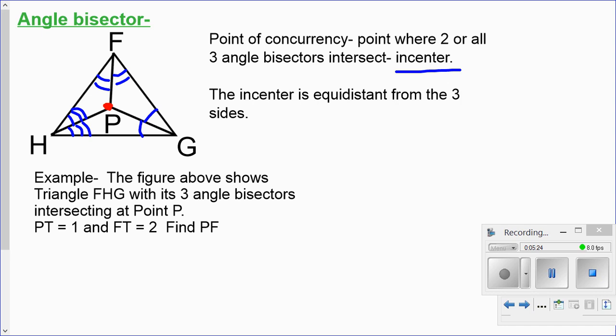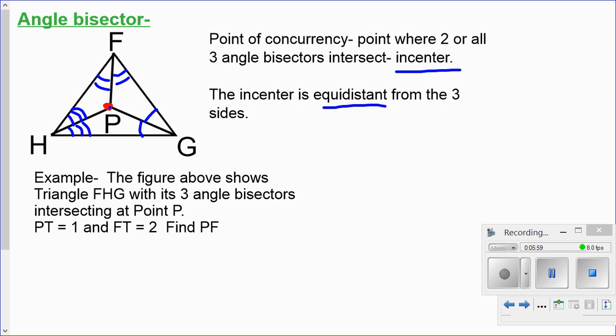Now, the special fact about an incenter is that it is equidistant from the three sides. Remember, when we're talking about distance, if you recall the distance formula, when it says equidistant, it means if I start at the incenter, that red dot there, and calculate the distance from the incenter to the side of the triangle, let's just look at segment FG for a moment.